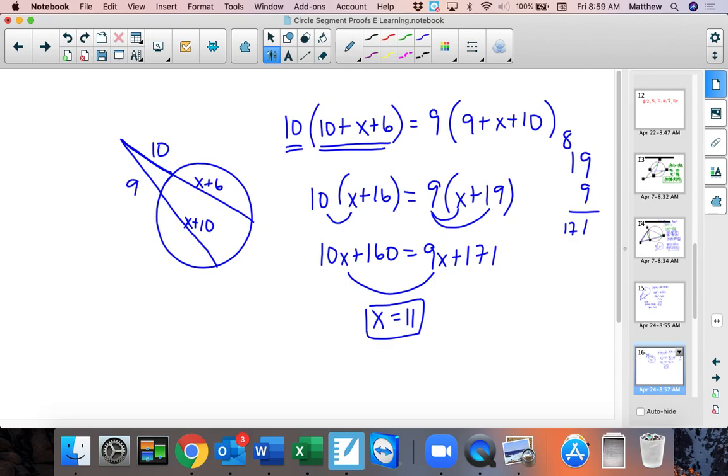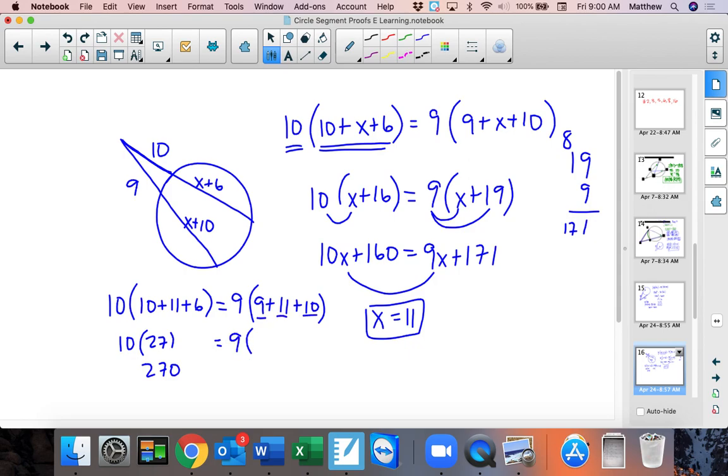If I have 11 in here, that means it would be 10 times 10 plus 11 plus 6 equals hopefully 9 times 9 plus 11 plus 10. So we have 10 times 27 equals 270 equals 9 times 9 plus 11 is 20 plus 10 is 30. So 270 equals 270.